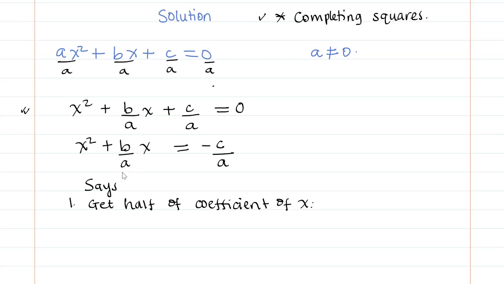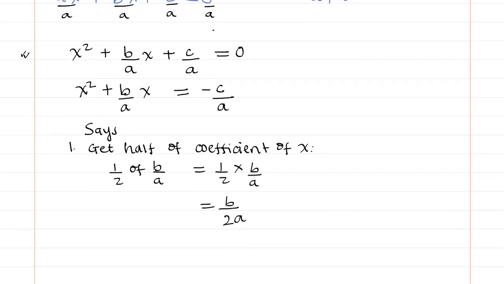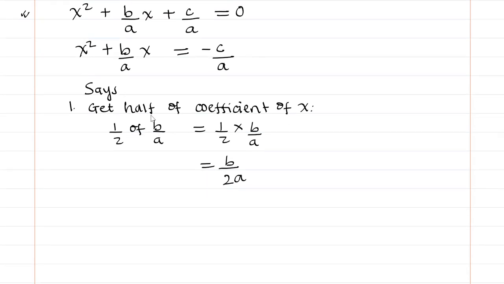What is half of b out of a? It is half times b out of a, and this is simply b out of 2a. So we have got half of the coefficient of x.